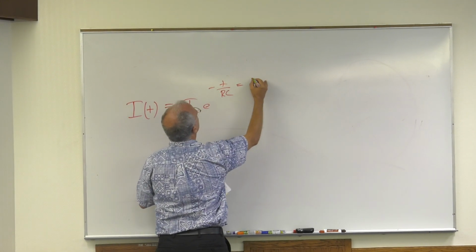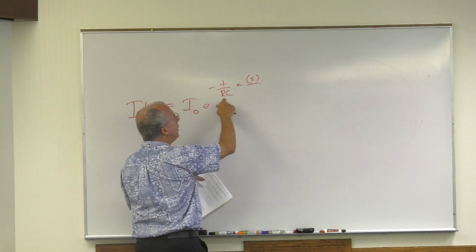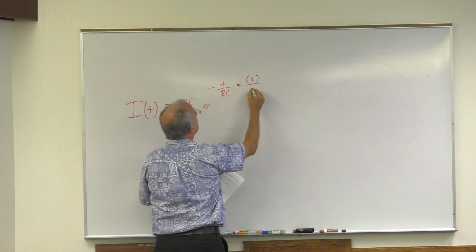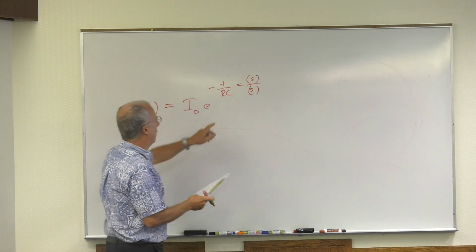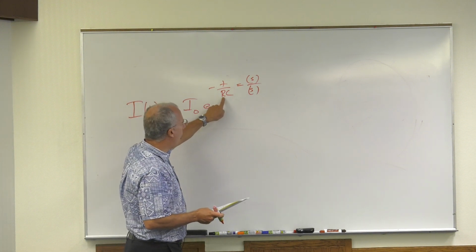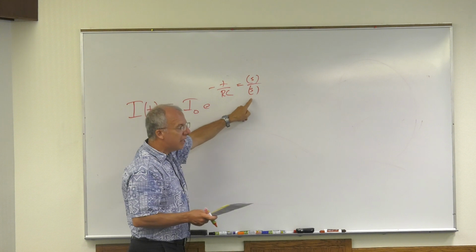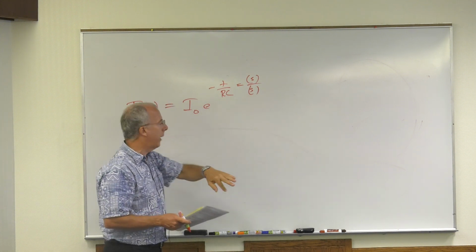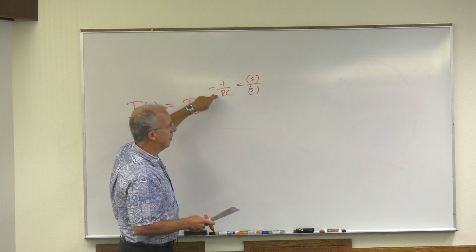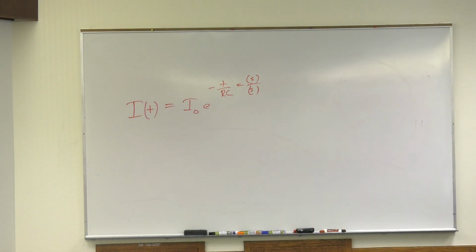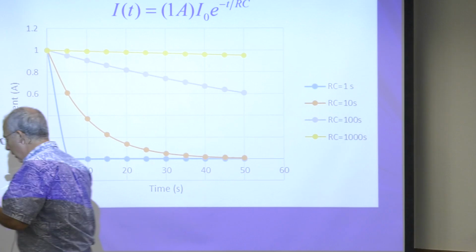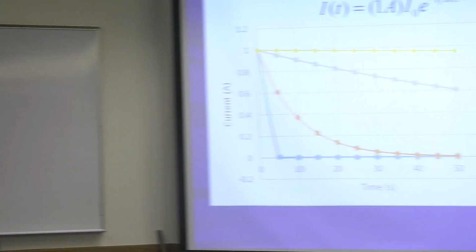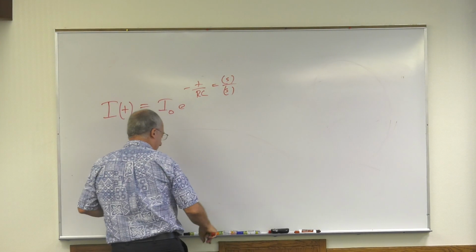So the units of RC have to be seconds. Honestly, that's really true. If you take the ohm times a farad, you get a second. But you don't have to do it the hard way. You can just say, if that's a second, this has to be a second. So the unit for RC is seconds. Now, RC has to be a time.